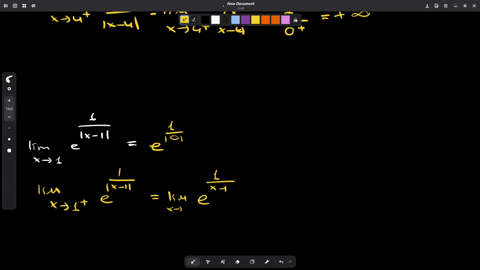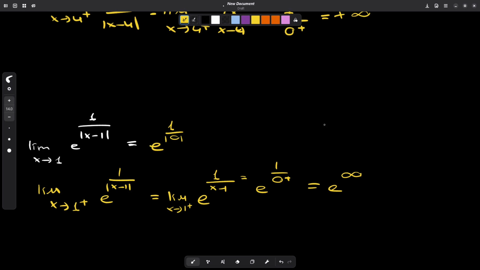Limit as x approaches 1 from the right side. x - 1. So therefore this is e to the 1 over 0, but from the right side, right? Because this is from the right side of the 1, which means greater than 1. And this is going to give me e to the infinity.